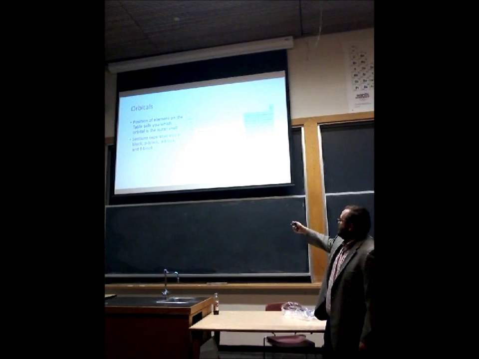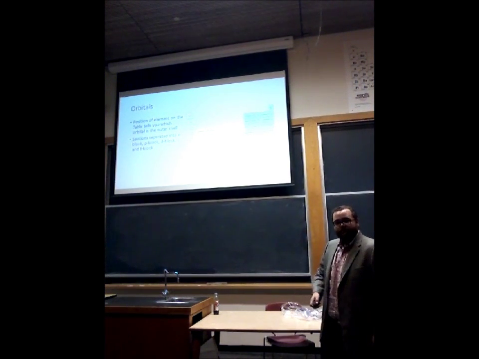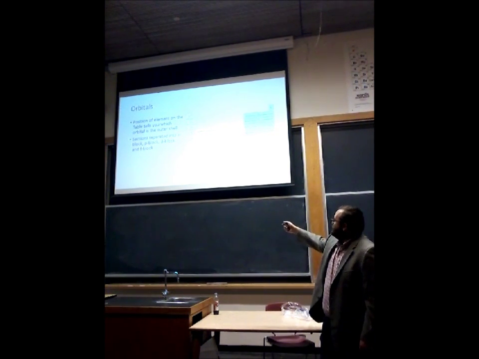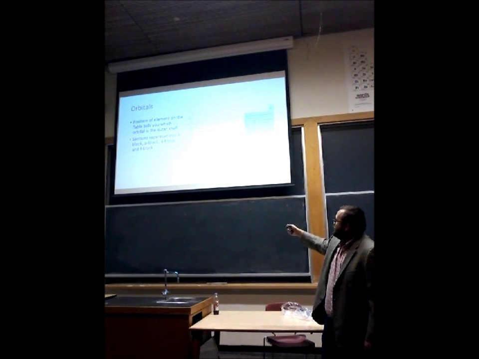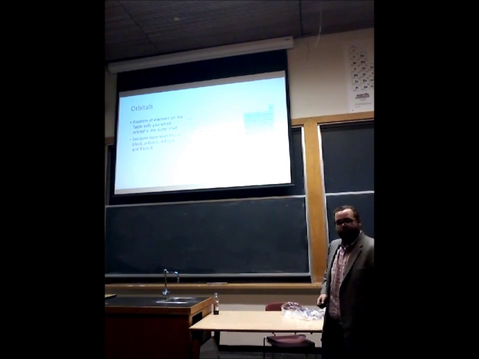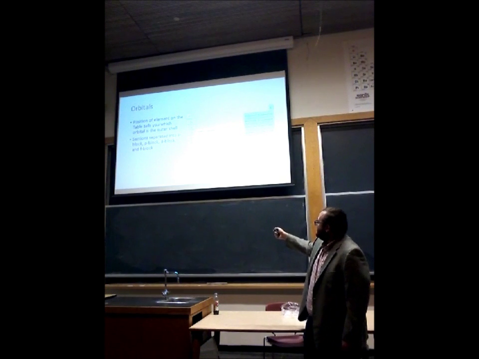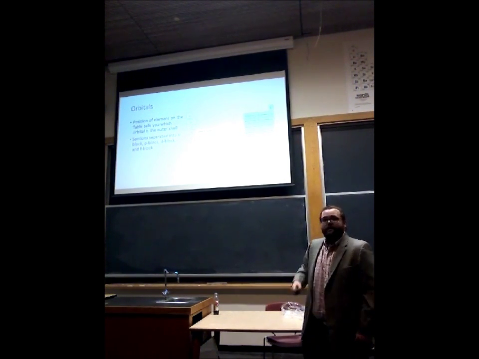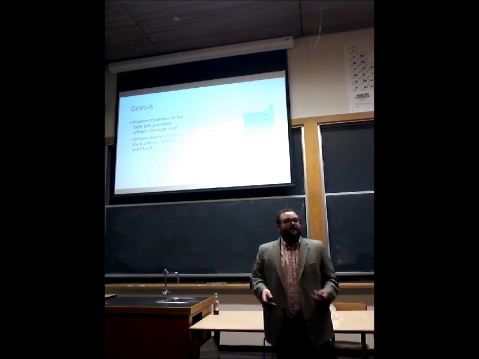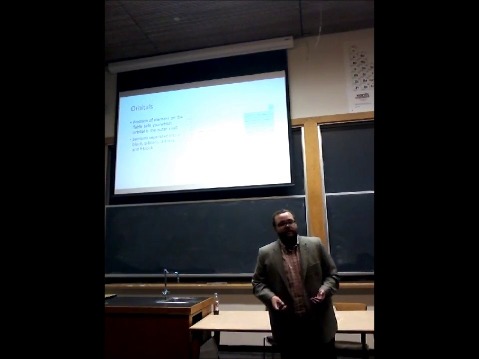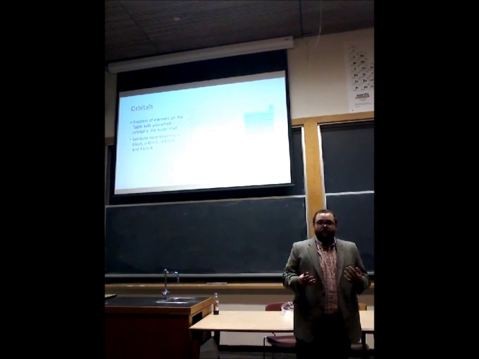So up top we have the 1s that's filled up first, then 2s and 2p orbitals, 3s, 3p, then we get on the 4s and the d orbitals, and then we have the f orbitals. So we divide these sections, they're often called the S block, P block, D block, and F block elements. Now we're not going to talk a whole lot about the F block elements because for the purpose of this course, they're not very important.